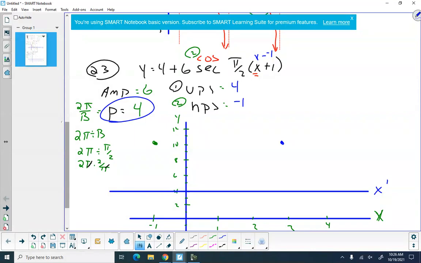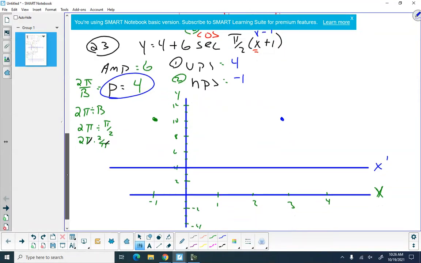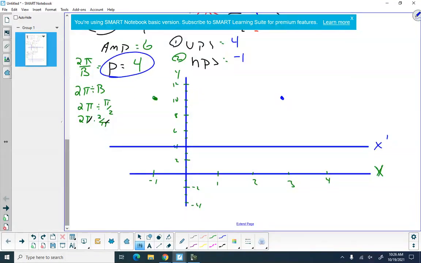Between two peaks will be a valley, halfway between -1 and 3. And like I said, the nice thing about this, our numbers get really small. -1 plus 3 is 2, divided by 2, I have 1. We'll be at a valley value.